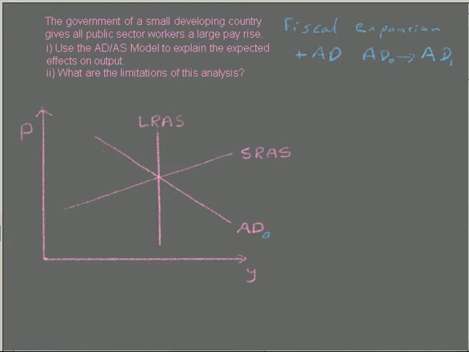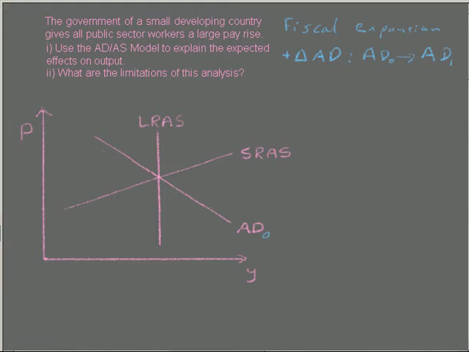That means an increase, plus delta AD. So AD0 goes up to AD1.